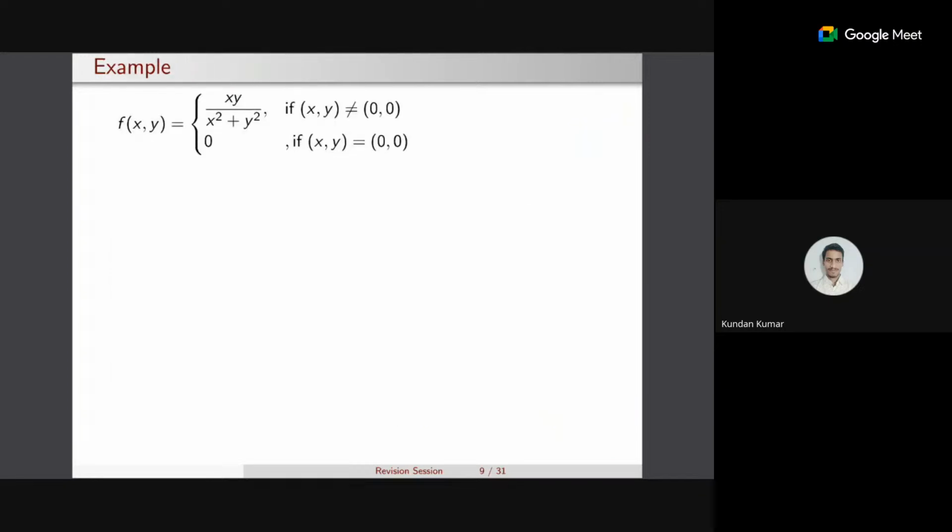So coming back to the example, f(x, y) is xy divided by x square plus y square, not at the origin, and 0 at the origin. We saw that fx(0, 0), the partial derivative at (0, 0), is equal to 0.